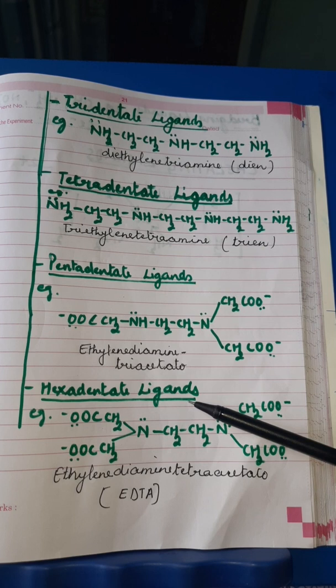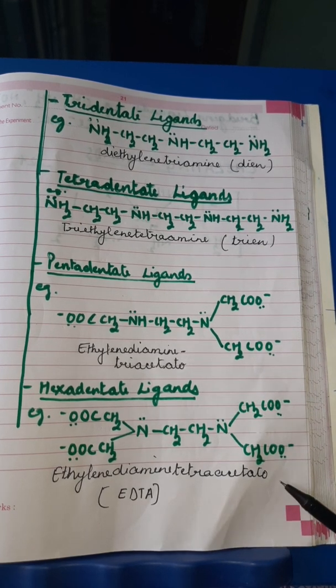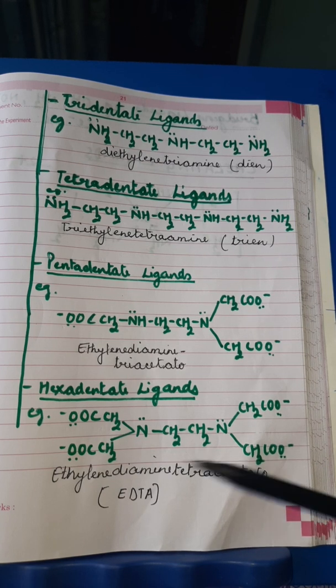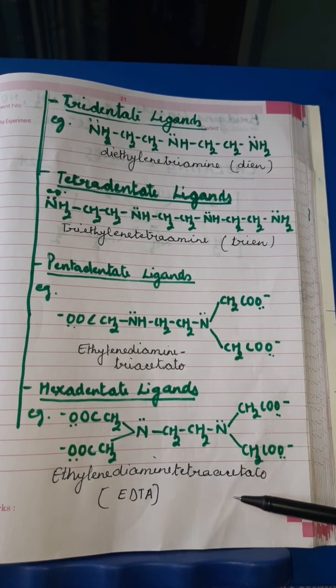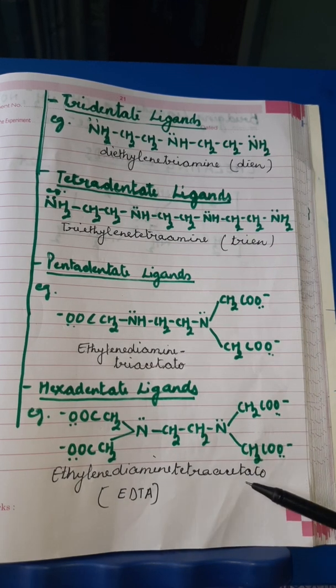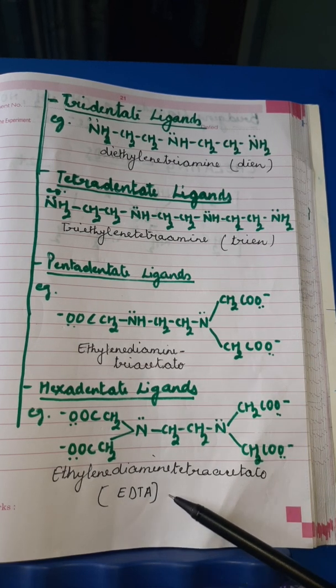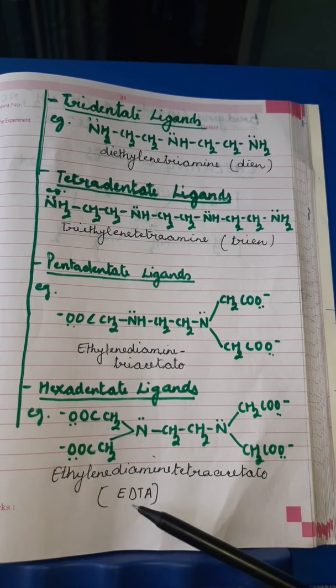Next we have hexadentate ligand. As the name suggests, one ligand will have 6 donor atoms in it. And the very beautiful example for this is ethylene diamine tetraacetato, which in short can be written as EDTA.